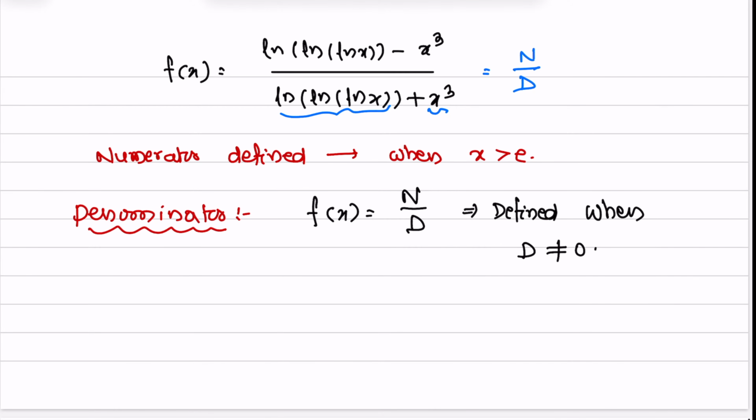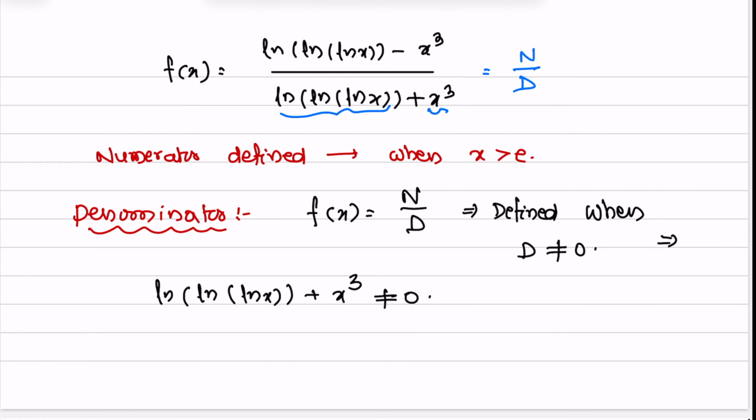That implies another condition: ln of ln x plus x cube should not be equal to 0.